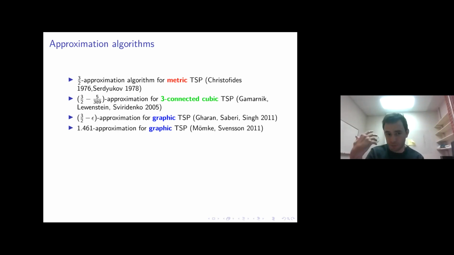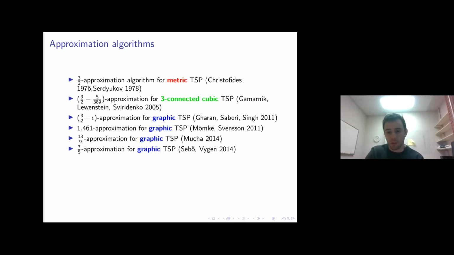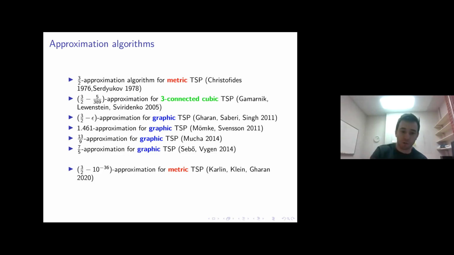The bound for graphic TSP was later improved to 1.461, which later, with proof analysis, got to 13/9. Later on, we reached 7/5 for graphic TSP. And very recently, in 2021, for metric TSP, they were able to break through 3/2, which is quite an achievement.